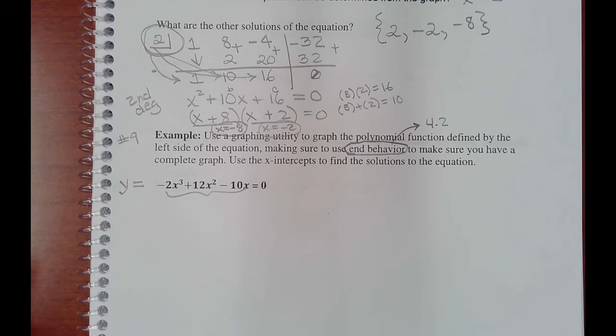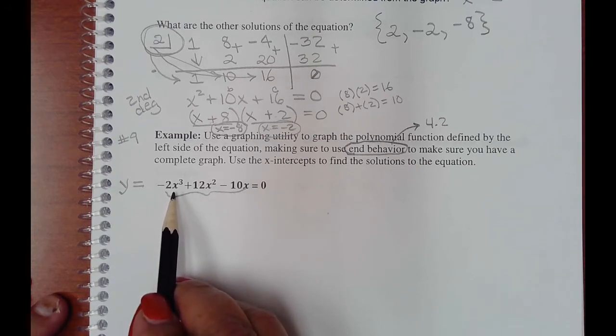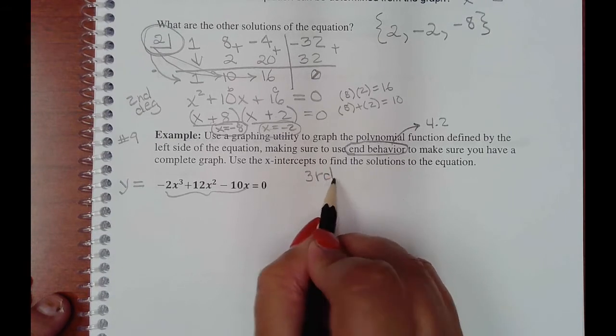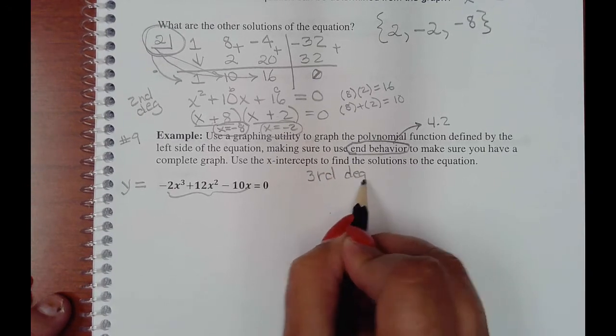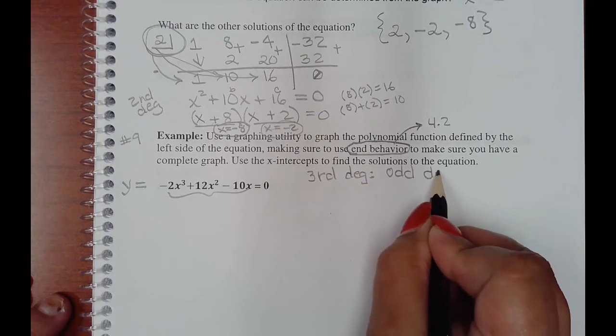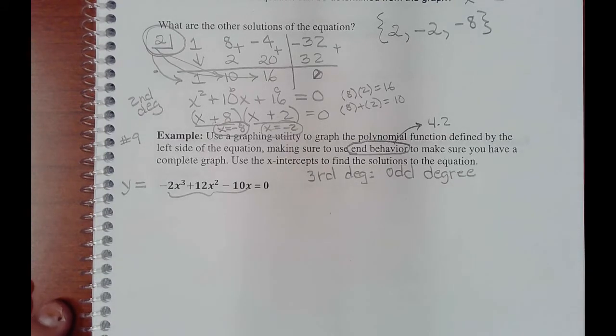In that section, let's review what we learned about end behavior. Notice that the highest degree term in this polynomial is third degree. Therefore, this polynomial is third degree, which means it is a polynomial of odd degree.